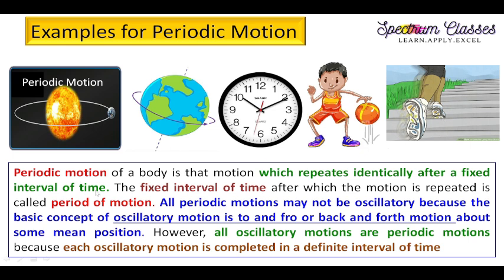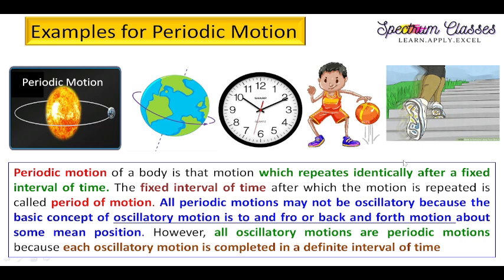Here I have summarized what is called periodic motion. Periodic motion of a body is the motion which repeats identically after a fixed interval of time. The fixed interval of time after which the motion repeats is called the period of motion, right? All periodic motions may not be oscillatory, because the basic concept of oscillatory motion, which I have underlined here, is to and fro or back and forth motion about some mean position.